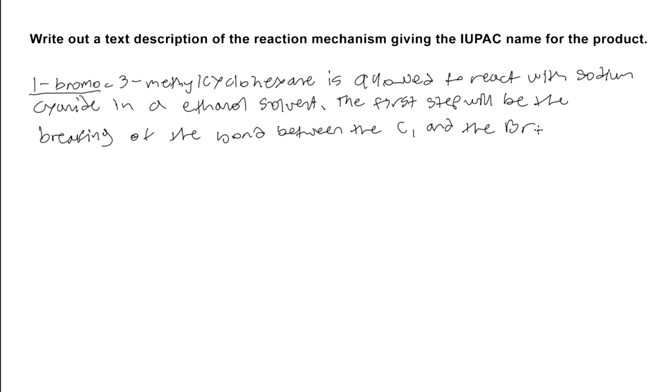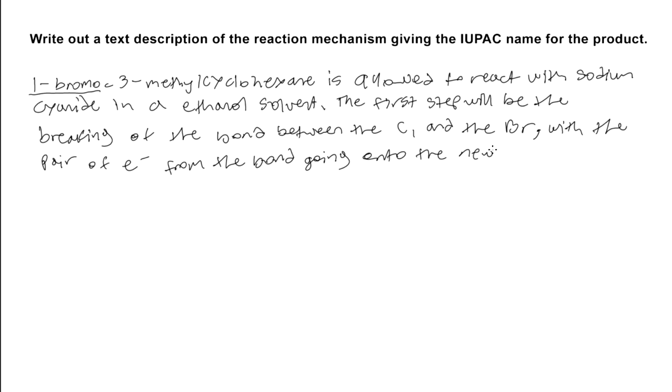We also want to specify that the electrons from this bond are going to go to this Br that is going to be leaving. So we would say something along the lines of, with the pair of electrons from the bond going onto the newly formed bromide ion.